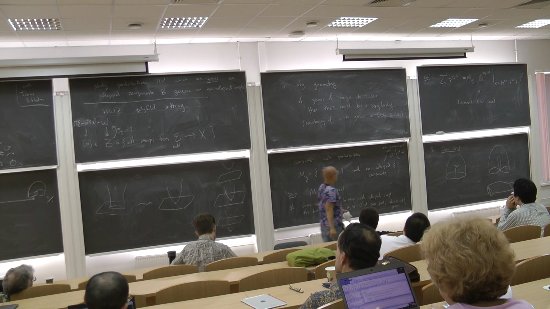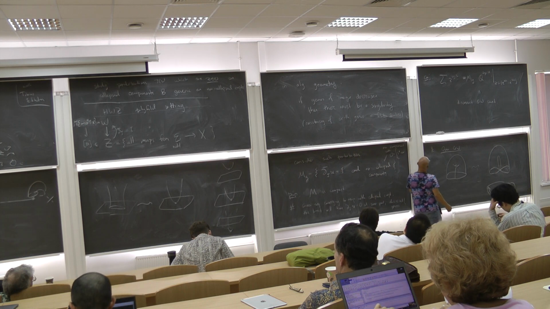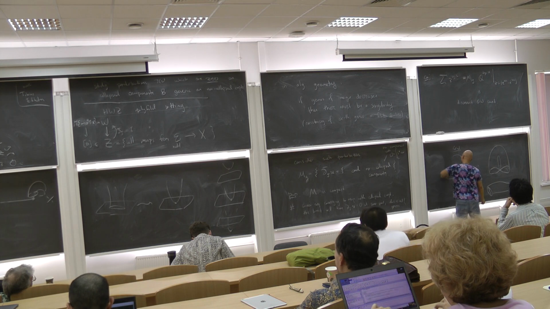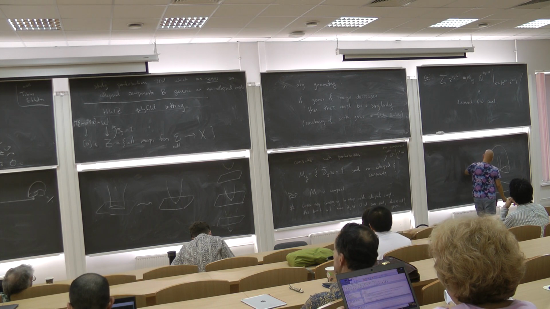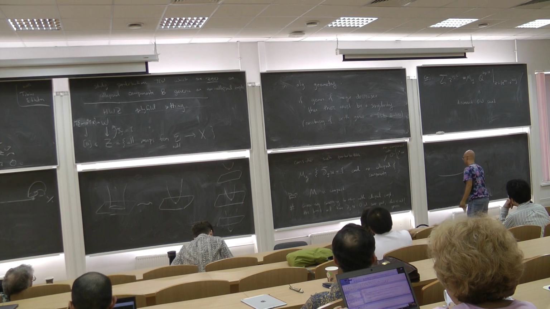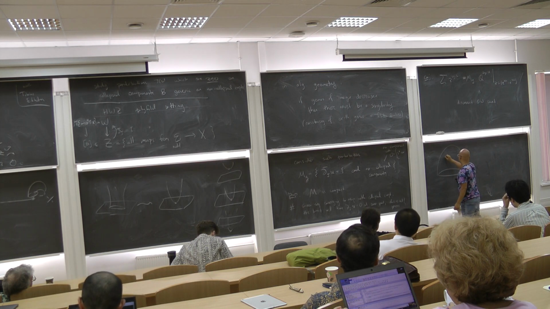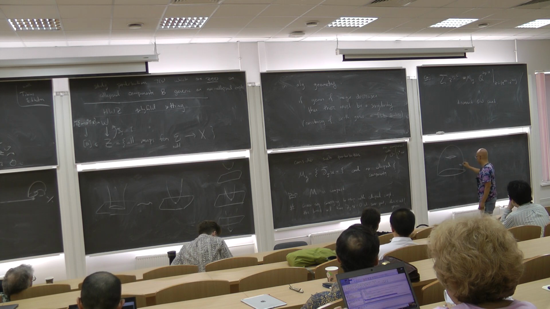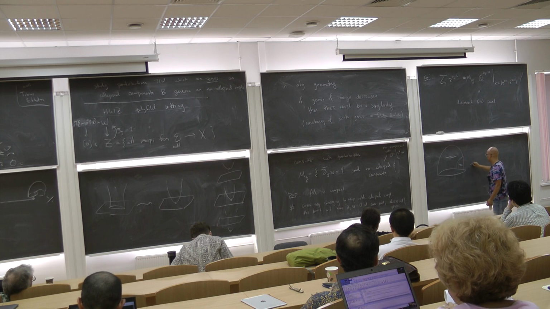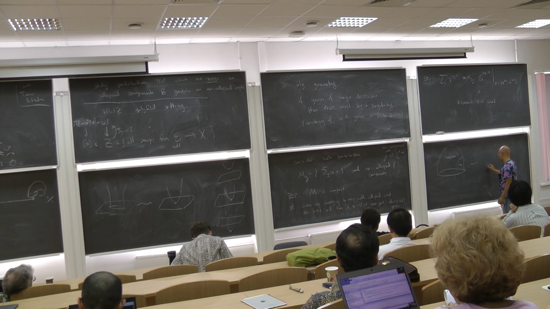The problem that one worries about is that you have some part of the curve, like this part, which is collapsing to a point.